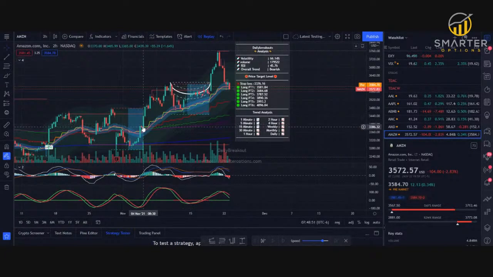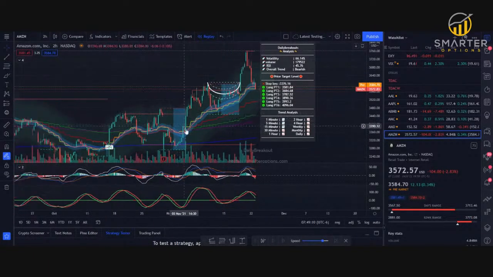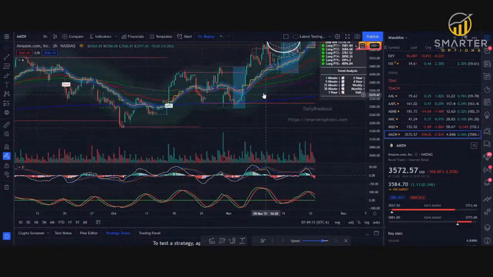Okay, so it actually took this back here off of this breakout right here. Okay. So this is on the 2-hour chart, it took an entry out of this breakout and it's still been playing. So this is still well in its range. Okay, like I said, we can rewind and look, but I'm sure it took it out of this consolidation zone.